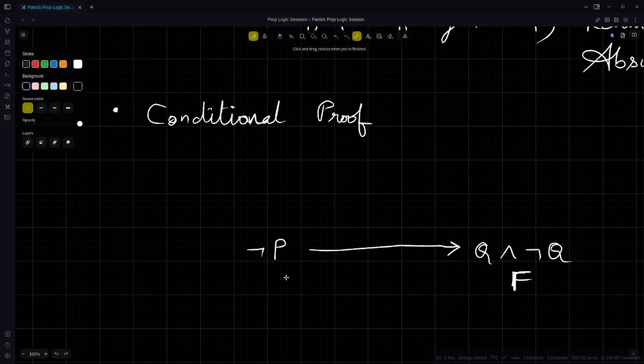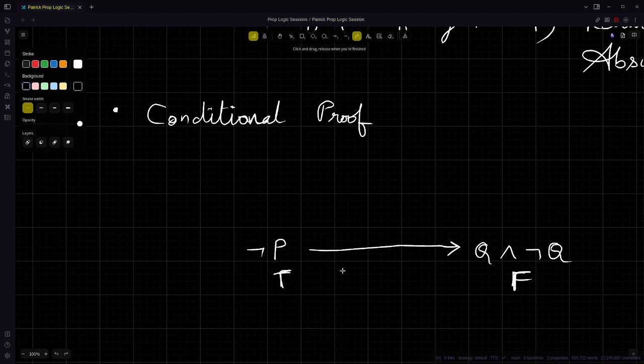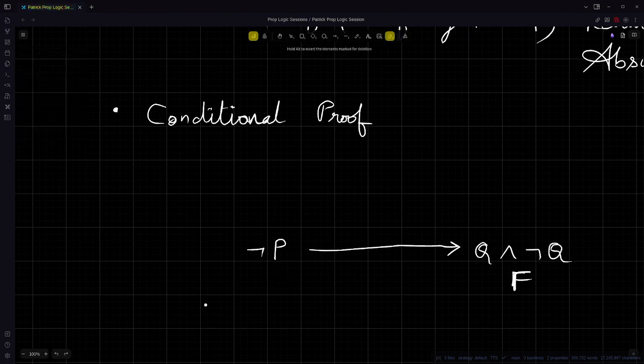False. It'll be false. Yeah. Because a conditional is true when both of them are true or both are false. But when the antecedent is true and the consequent is false, the conditional is actually false. Yeah, that's the one condition where the conditional is false, right?